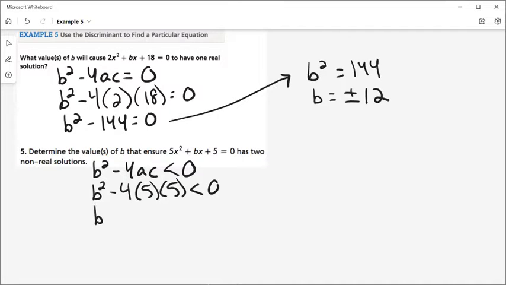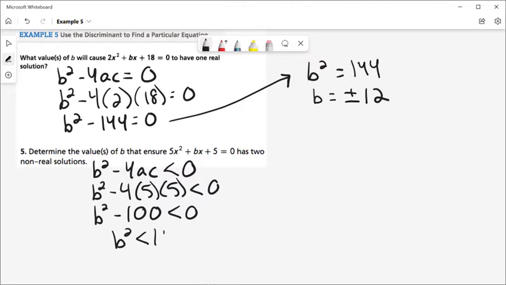Simplifying, we have b squared minus 100. Yucks, that's messy. Is less than 0. So if b squared is less than 100, then b would have to be between 10 and negative 10.